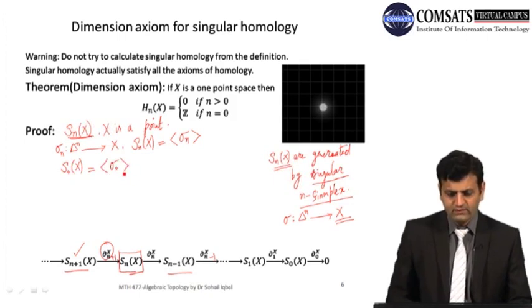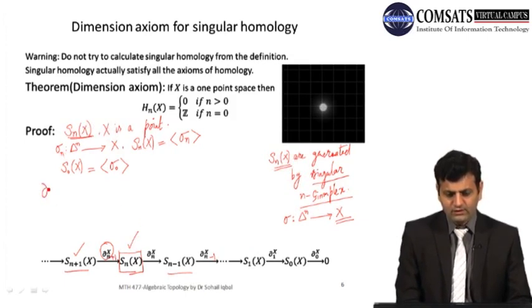We know that a zero simplex is a point, so basically this sigma naught is a function from one point to the point X. Okay, so now we know all of these free abelian groups. Now let's try to calculate the boundary of this sigma n.